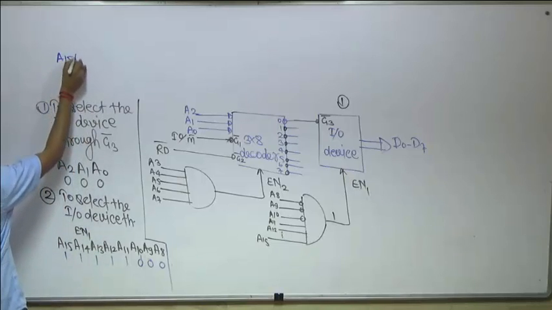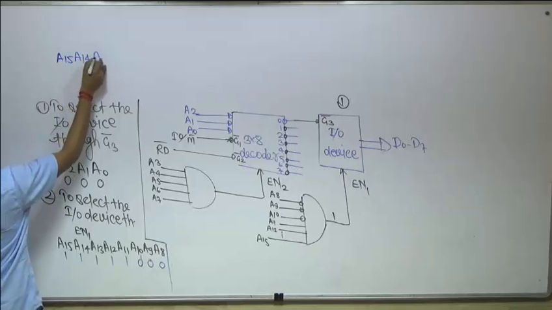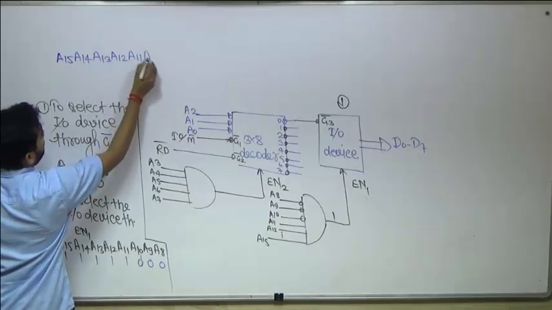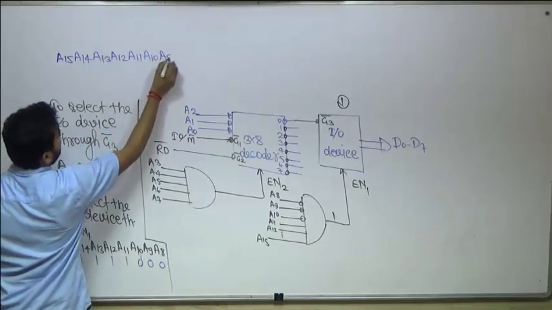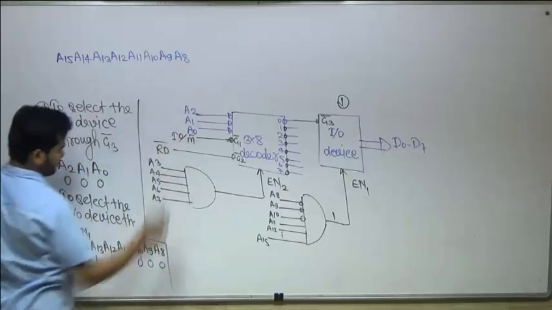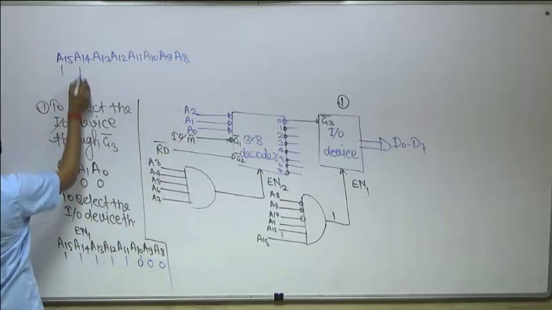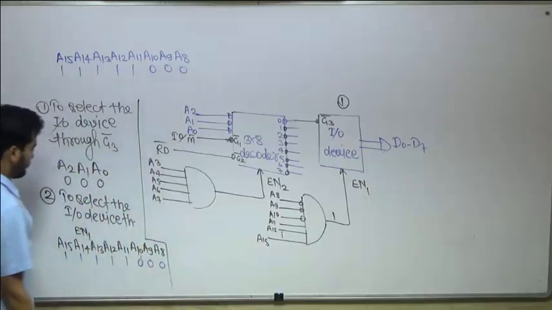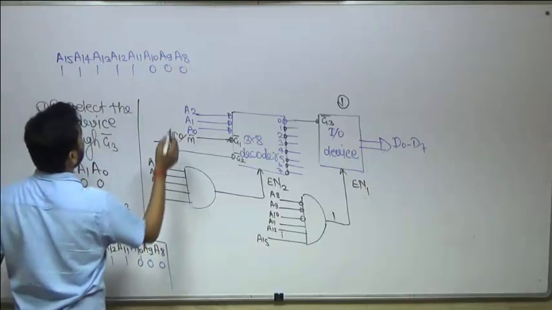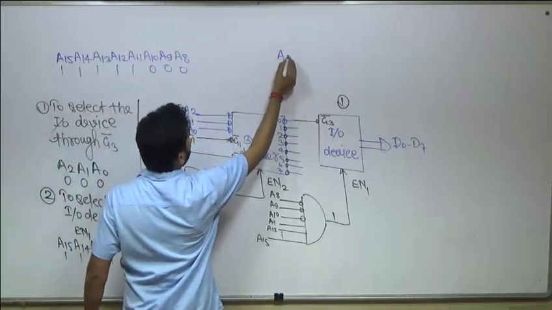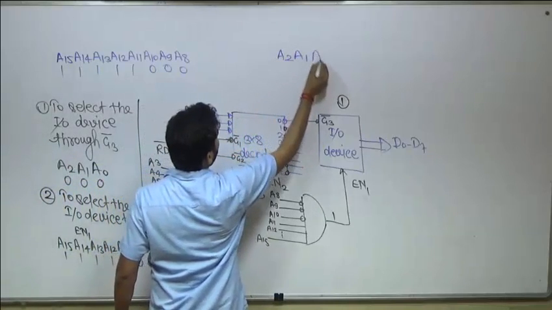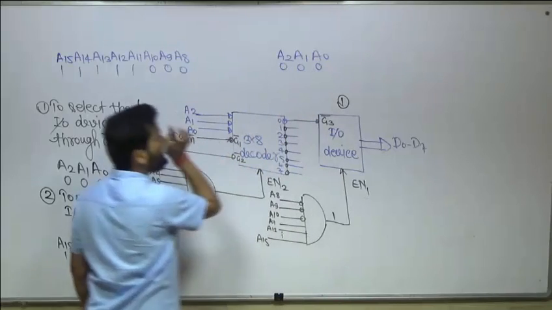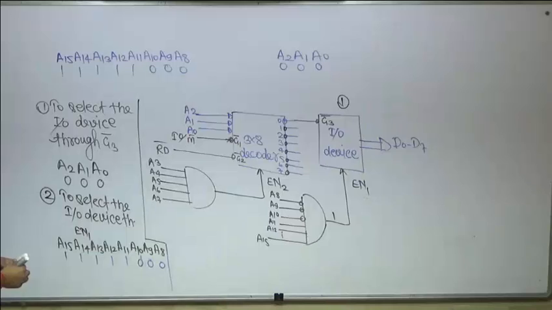The conditions over A15 to A8 are 1, 1, 1, 1, 1, and 0, 0, 0, and the condition over A2, A1 and A0 is 0, 0, 0.